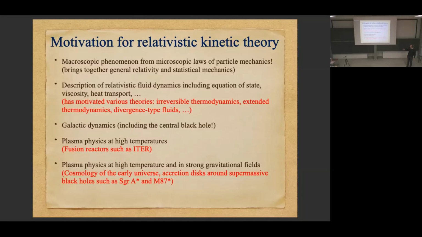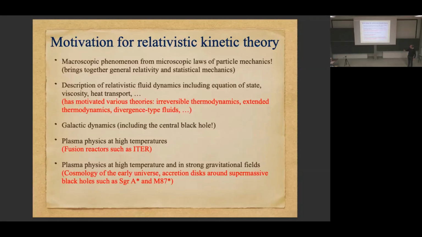So you cannot get away with the Newtonian description. Also, in plasma physics at very high temperature, for example in a fusion reactor like ITER, which is being built in France, relativistic effects are expected to be important. The gravity side is probably not that important there, but at least the special relativistic effects are.